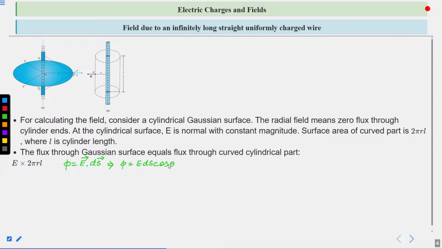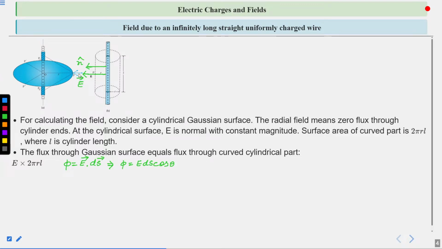How can we calculate the value of theta? We know the direction of the electric field is radially outward, and the area vector is also perpendicular to the line element. So this is the direction of the area vector and this is the direction of the electric field.